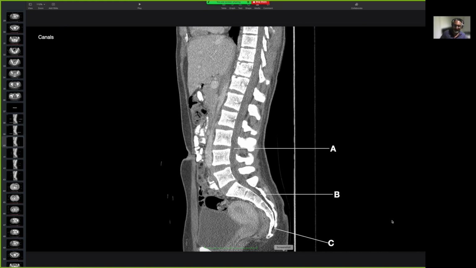Okay, excellent. Now these are the canals. I think spinal canal is correct. Spinal canal is fine.